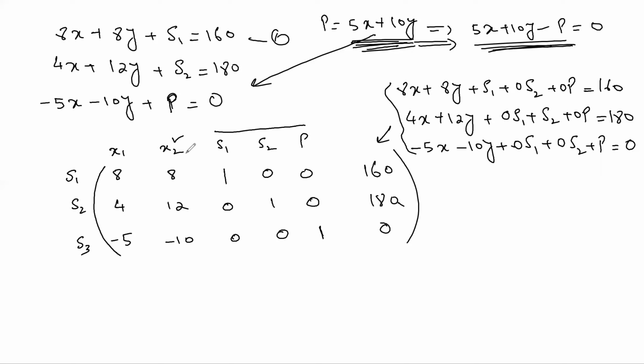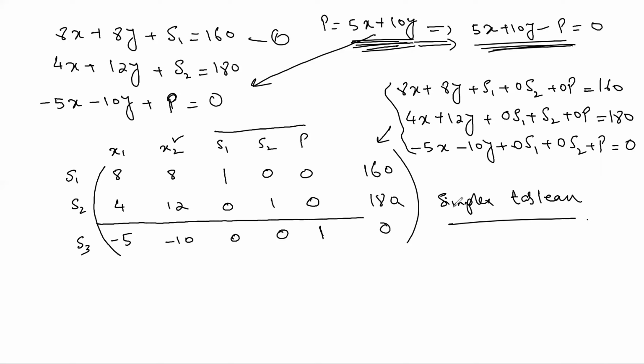Okay, so this is our simplex tableau. This is called the standard simplex tableau. Now we apply our simplex method. How do we apply it? If you see the bottom row, which one is our most negative number?